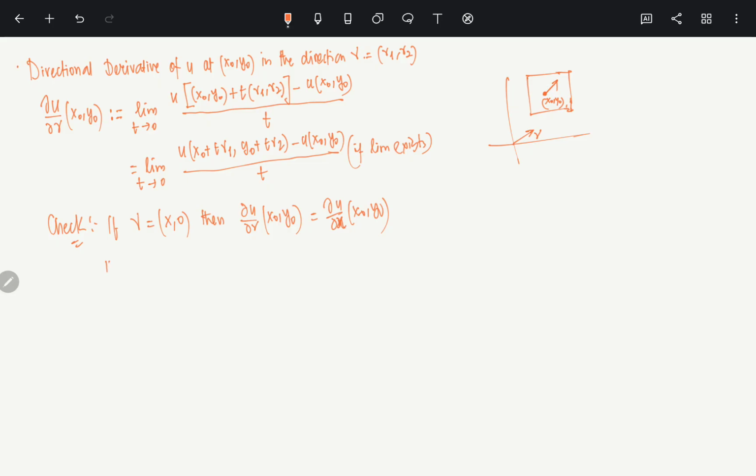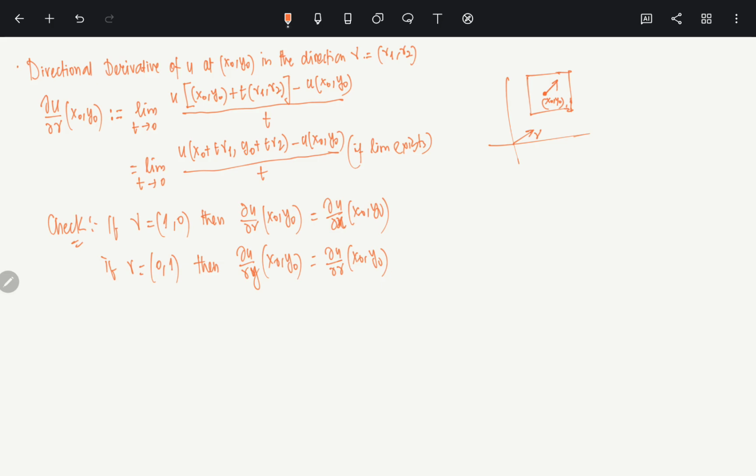And of course, if gamma is the direction 0, 1, then again del u del gamma at the point x naught, y naught is nothing but the partial derivative of u with respect to y.